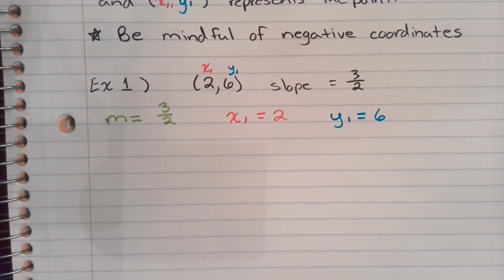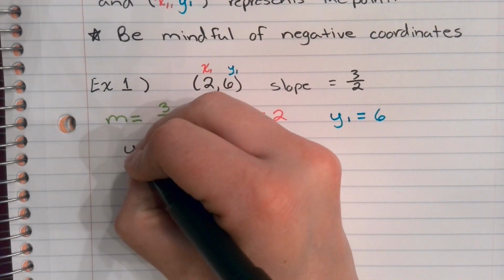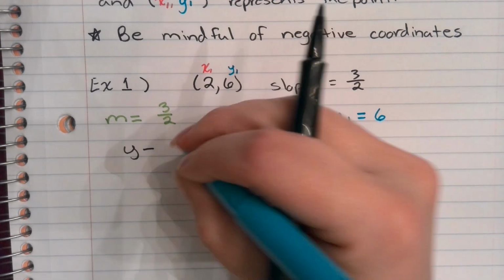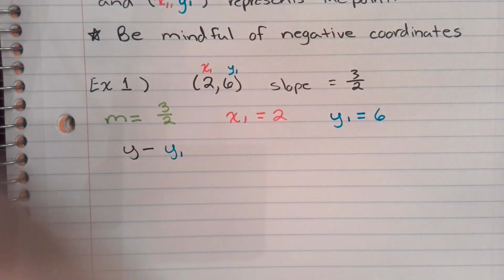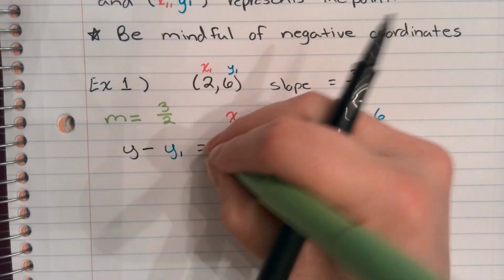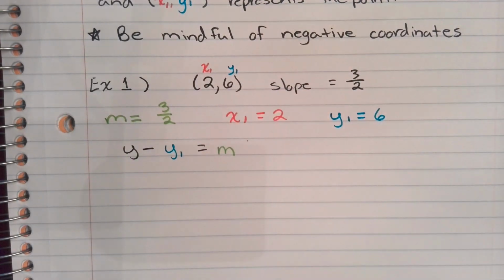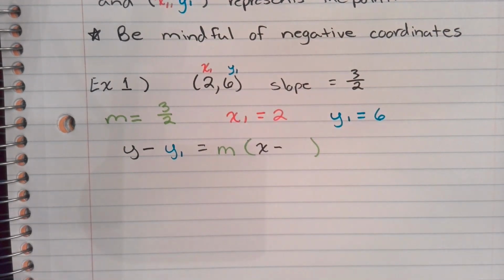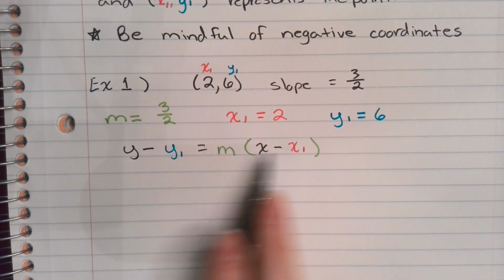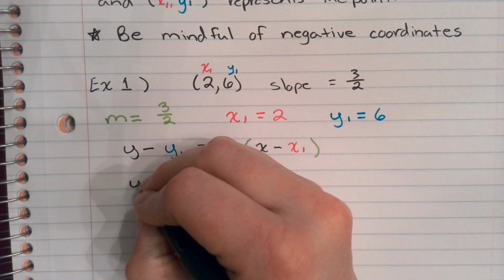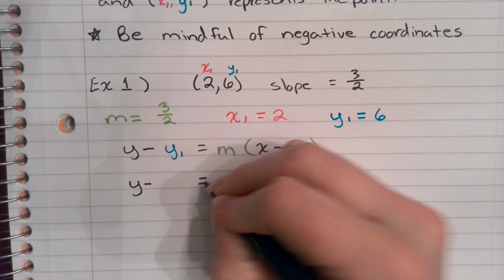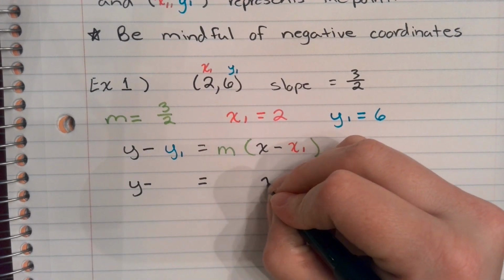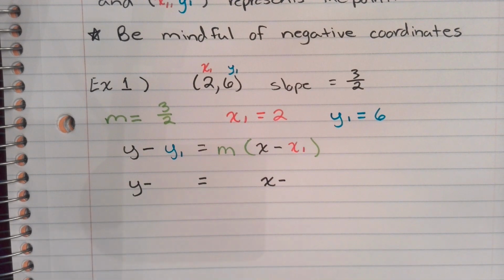Okay, so now that I know these values, I can plug them into the equation y minus y1 is equal to m times the quantity of x minus x1. So really the only things that are going to stay exactly the same are the y minus, an equal sign, and then an x minus inside of the parentheses.